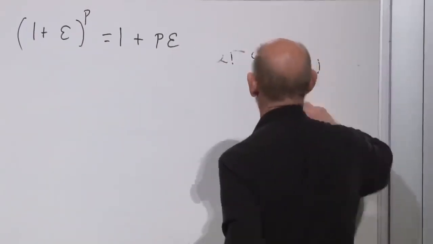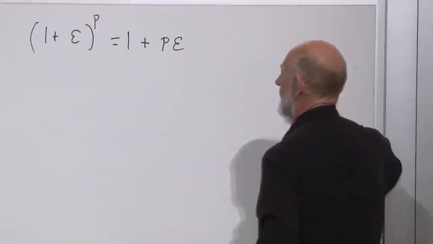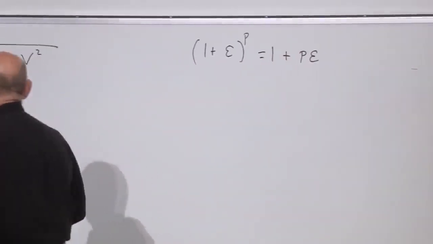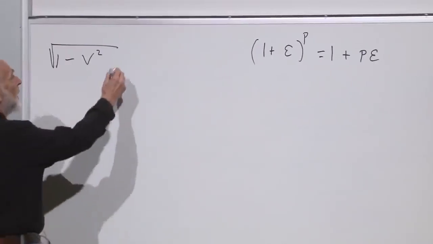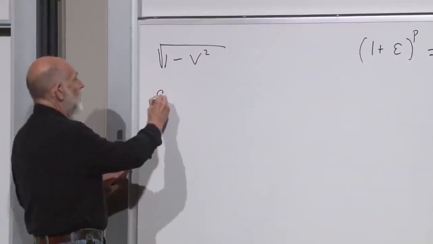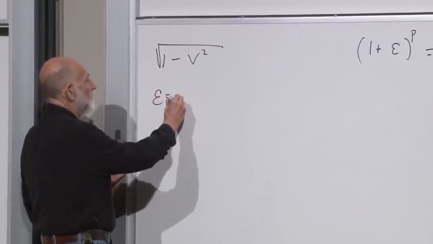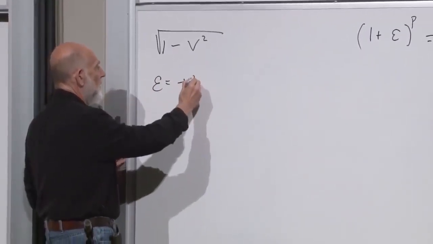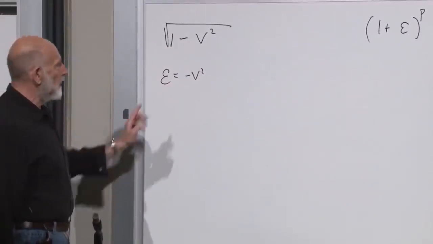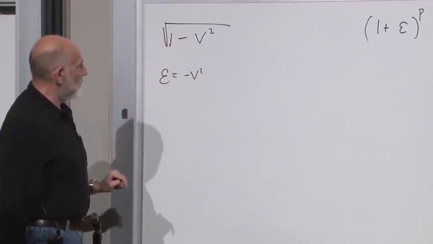All right. So supposing we want to expand the square root of 1 minus v squared, where epsilon is now, we're now using epsilon equals minus v squared. In other words, 1 plus epsilon is the same as 1 minus v squared.